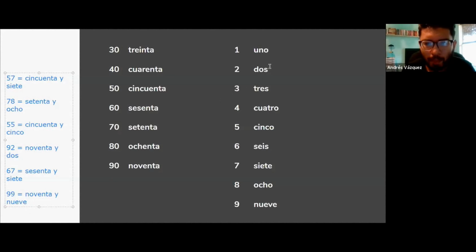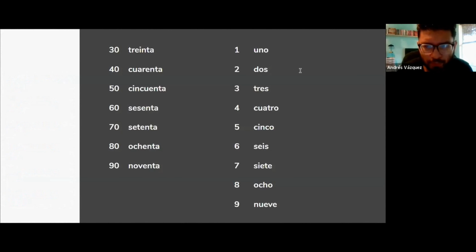And bien. So we can really use this for almost every two-digit number, at least from 16 onward, it becomes a very consistent pattern for two-digit numbers. Bien.